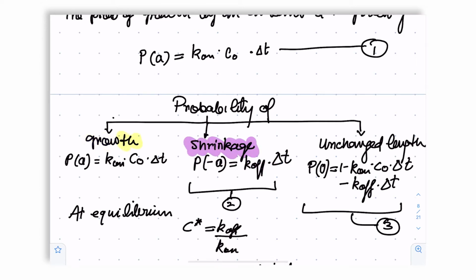Or it could just simply be unchanging and not vary in length at all. And that unchanged length we denote as P naught, which is equal to, and now its probability should be balanced, 1 minus the sum of those two: k on times c naught times delta t minus k off times delta t. So these are our three equations that we're interested in following.